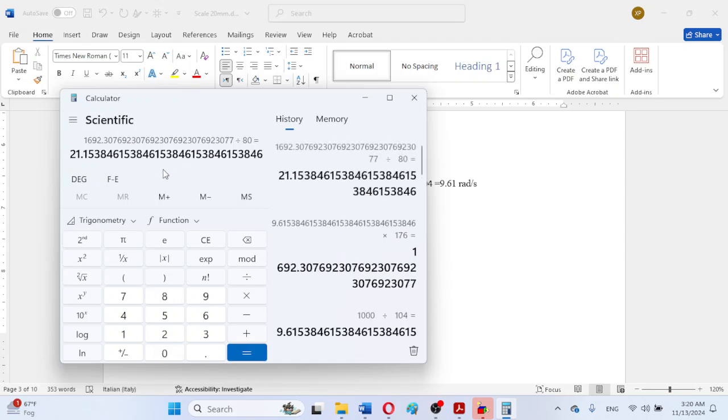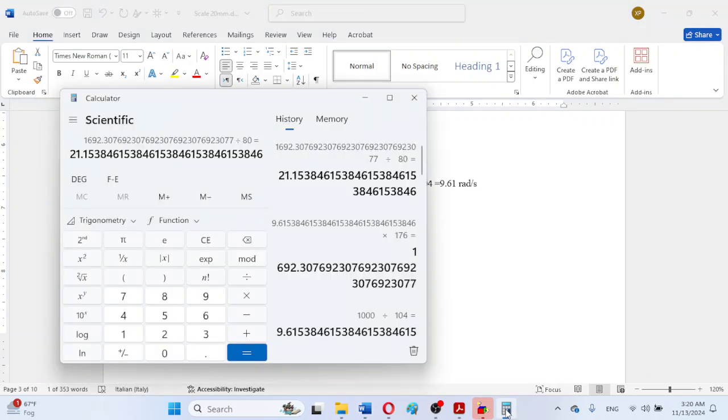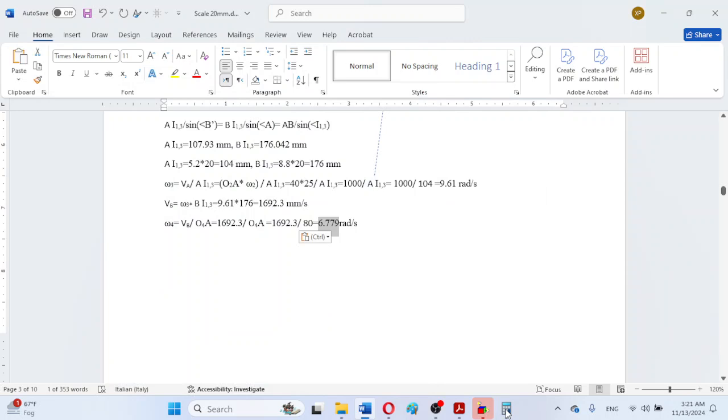This comes out to be 21.15 radian per second. So omega 4 is 21.15 radian per second.